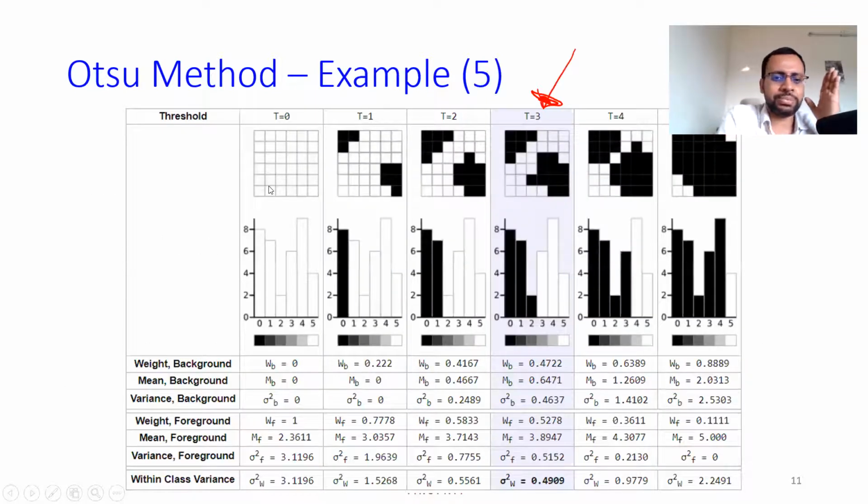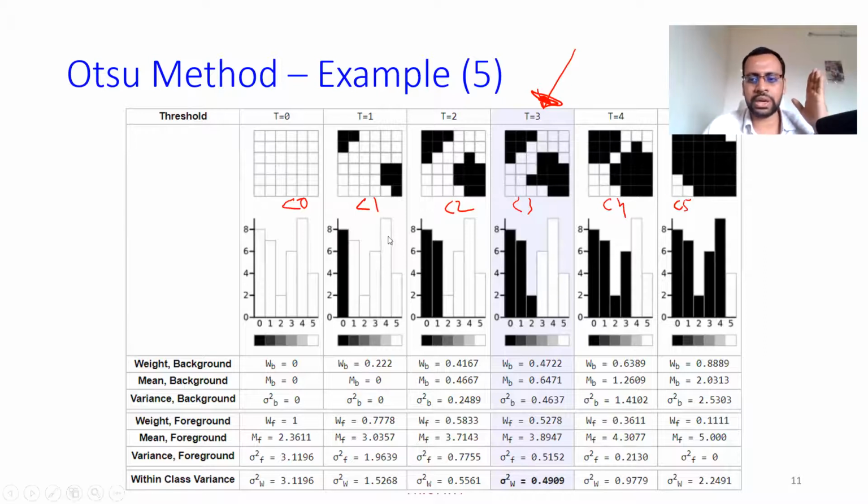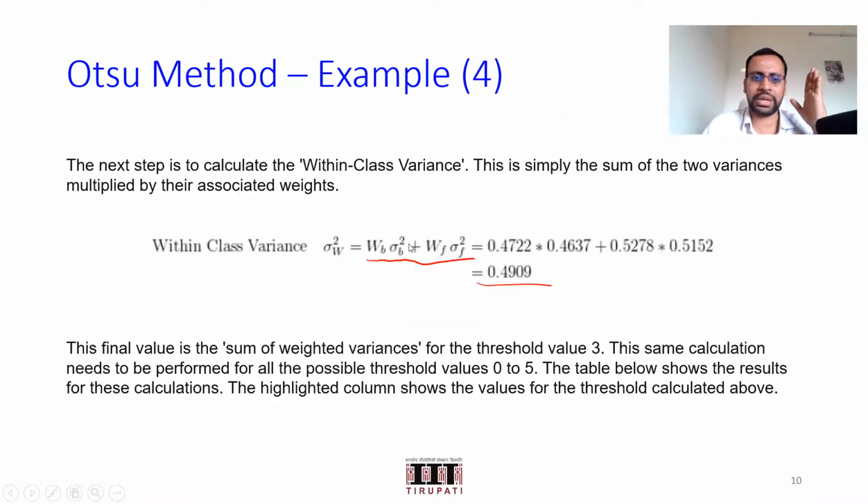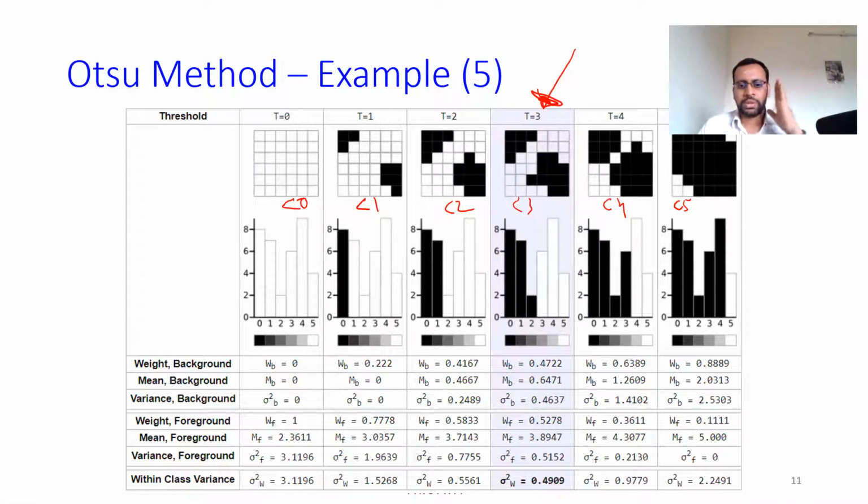Less than 0 is your background, less than 1, less than 2, less than 3, less than 4, less than 5. All possible thresholds you have taken here. Finally, you look at the within class variance computed, and out of all of them, whichever is minimum, that's what you pick, here 0.4909.